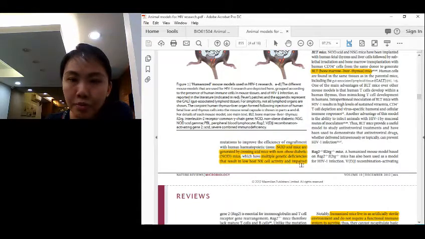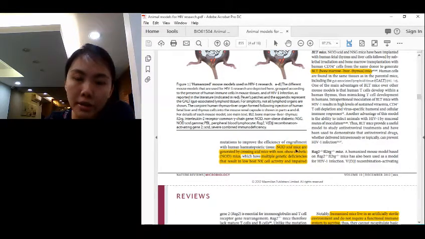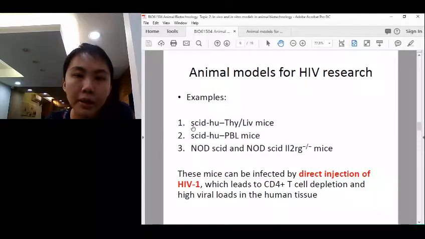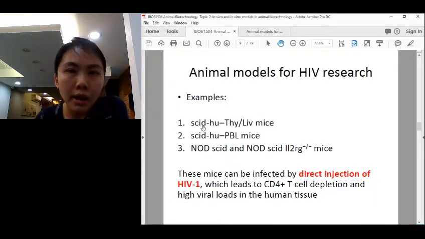So why are they generating these mice? Why is SCID alone not enough? It is because they want to improve the efficiency of engraftment with human hematopoietic tissues. As you can see, using only these mice is not sufficient to generate a very good model.